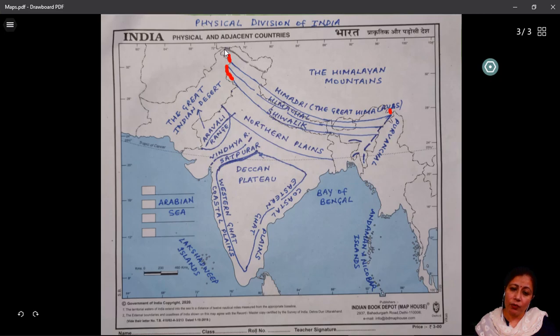See, I have drawn this small mountain range with pencil, this line. Above these 3 ranges, there is one mountain range that is called the Trans Himalayas. This is not given in your book, I am just telling you.